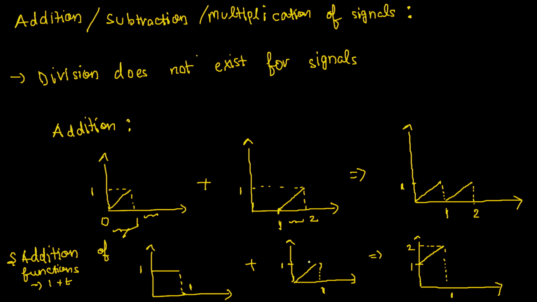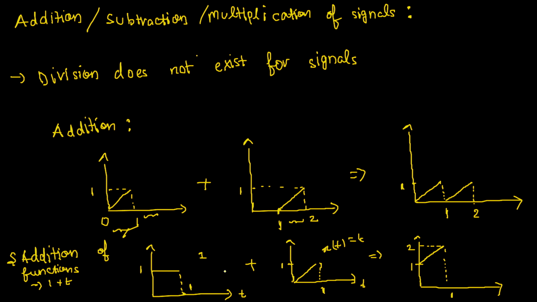So we represent each of the signals in that way, and then we write our final mathematical expression, and then using that expression, we draw the graph. So the mathematical expression for this is simply 1, because regardless of what value of t you take, your x of t is going to come out to be 1. And the mathematical expression for this is x of t is equal to t.